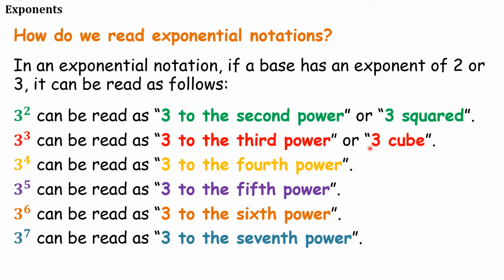You can also say it as 3 raised to 2. We can also say raised to 3, raised to 4, raised to 5, or you can also say it 3 to the 4th power, to the 5th, to the 6th, to the 7th, and so on and so on.